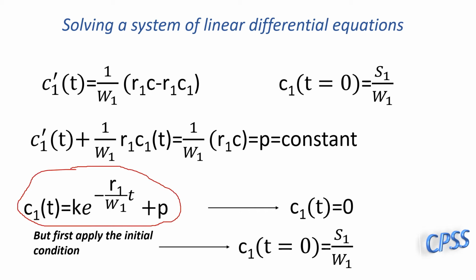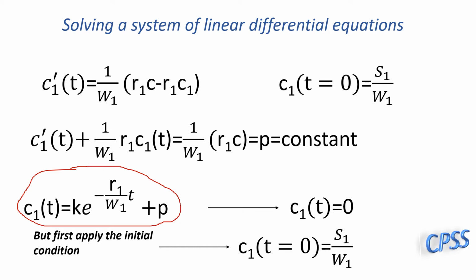This is the general solution to the equation. So if I substitute this into this equation, I will get this, where p is just a constant. If you test that out, you'll see that that is the solution.